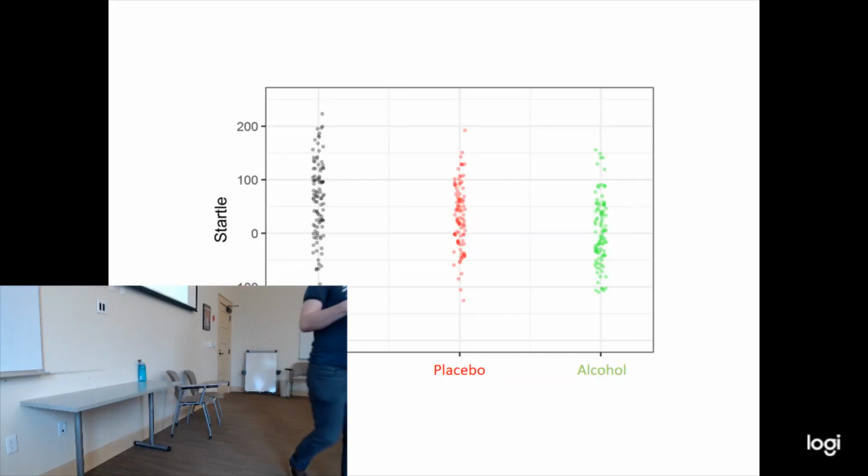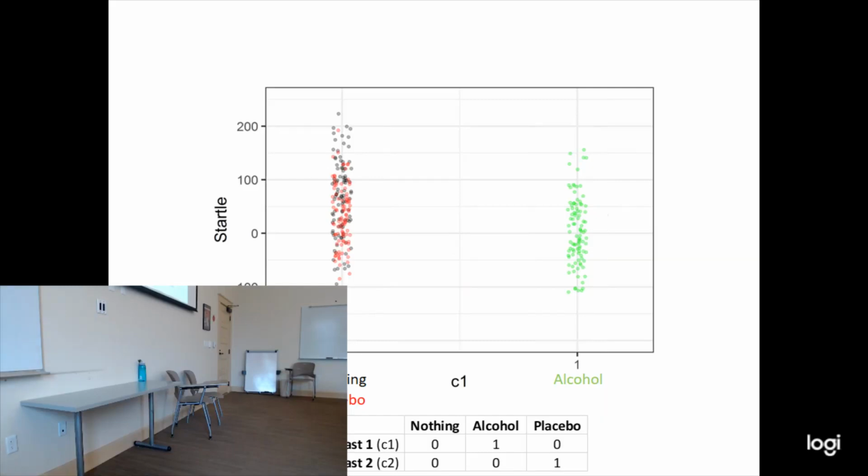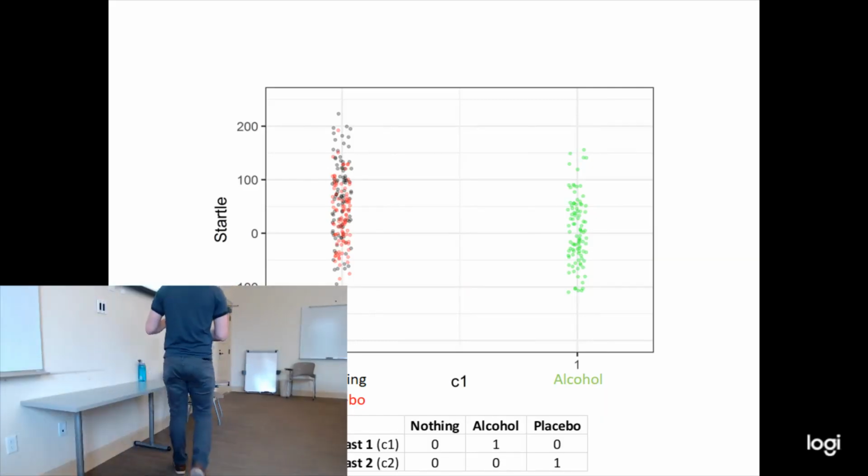Now I'm going to plot on the x-axis each of these C1 and C2. So I'm just replacing these text labels with the numbers that we came up with. Okay, this is C1 on its own.